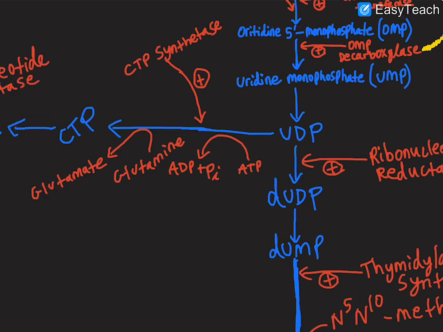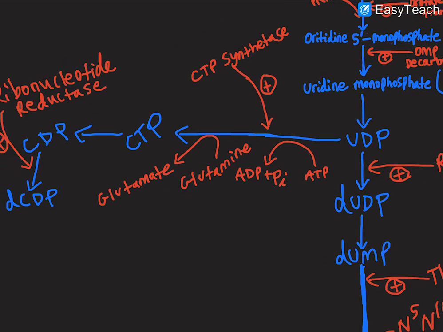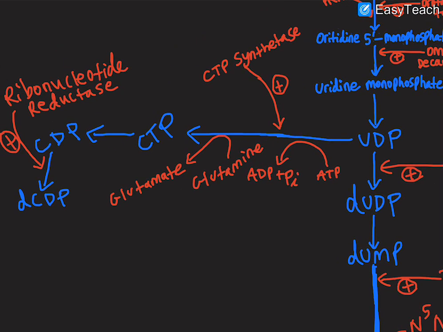Now that we have CTP, we can just strip off a phosphate and form CDP, or cytidine diphosphate. Then remember, when we go from RNA to DNA, deoxy versus no deoxy, we use the enzyme ribonucleotide reductase. So we use that, and we get deoxycytidine diphosphate.